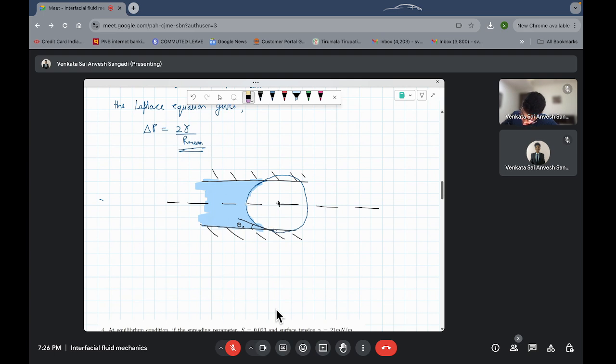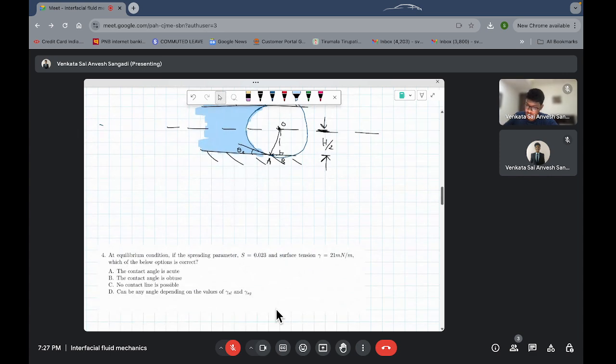Let me redraw it here, theta e. And this height is h by 2. Let's say the projected normal here is B, the point of contact is A, and the center of the circle is O.